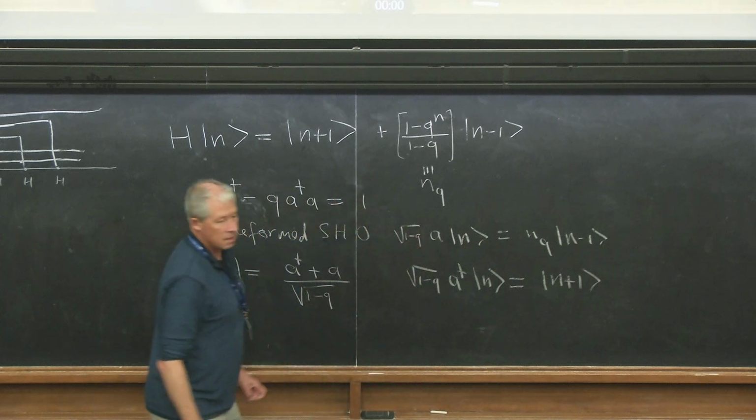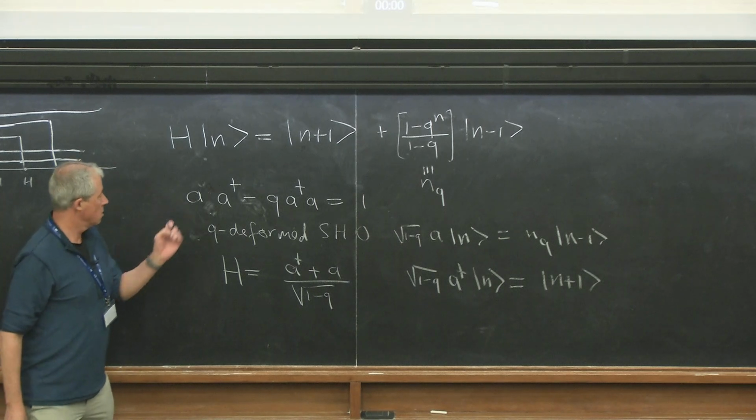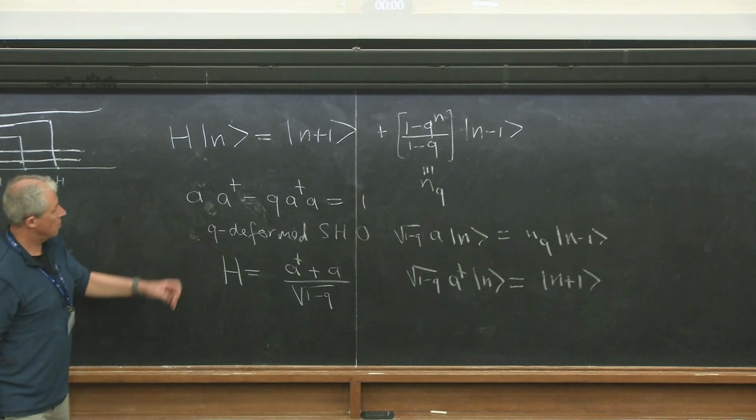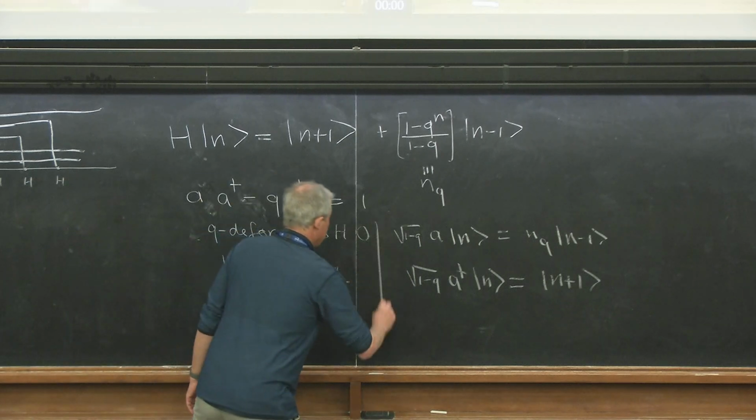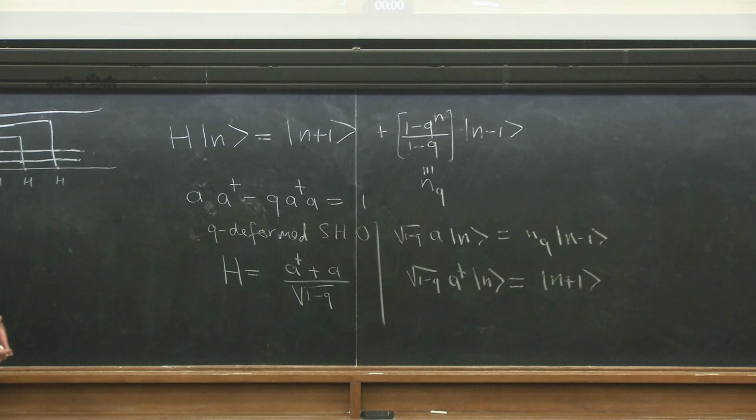And you can verify that these two operators satisfy this particular commutation relation. So this is a q-deformed simple harmonic oscillator. And basically what we have to do is we have to solve for the spectrum of a q-deformed harmonic oscillator.